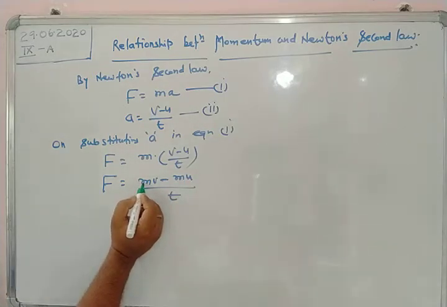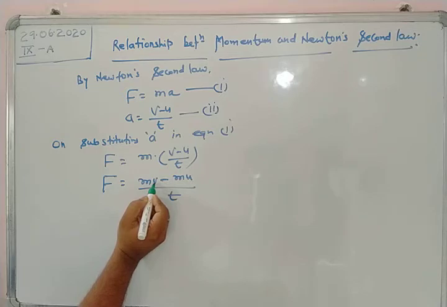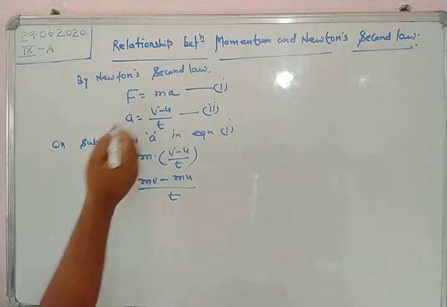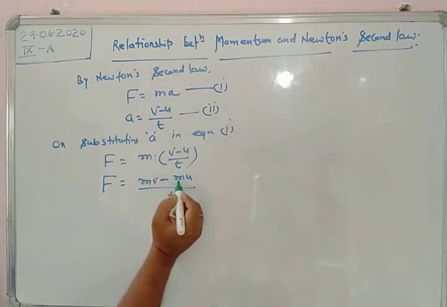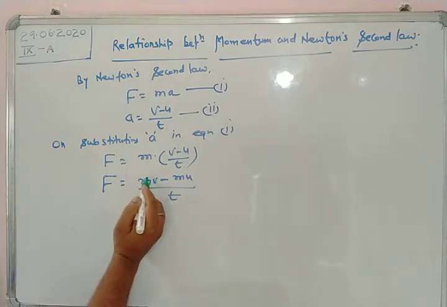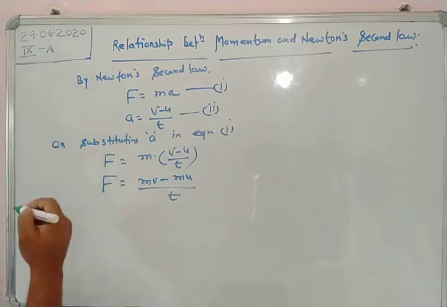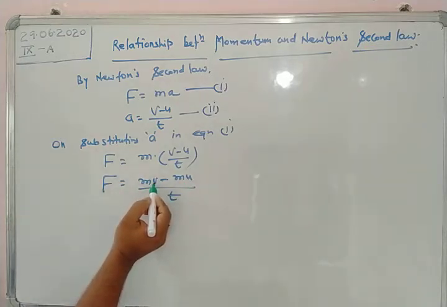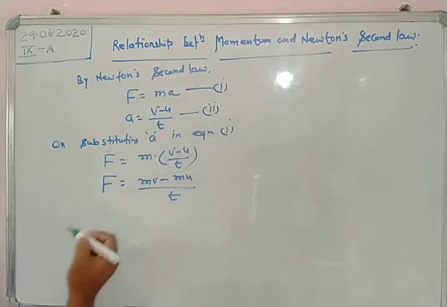See, m is mass, v is velocity. This velocity is the final velocity in context of acceleration. This is mass, and this u is initial velocity. So this is momentum, this is also momentum. This is for final speed and this is for initial speed.